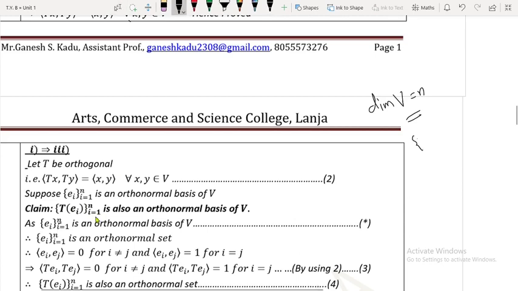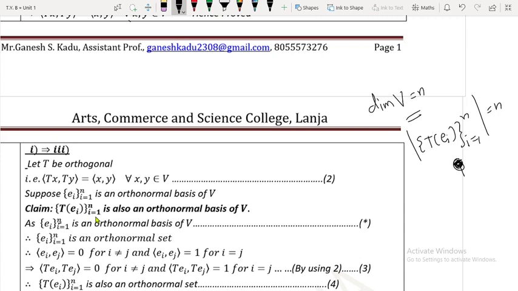This set T of ei, i varying from 1 to n, also contains n vectors, that is, its cardinality is n. Now since the order of this set is n, how do we show that it is a basis? This is the question.